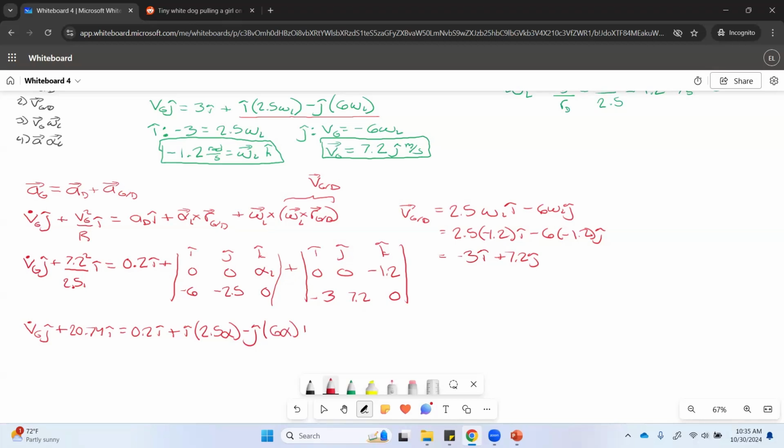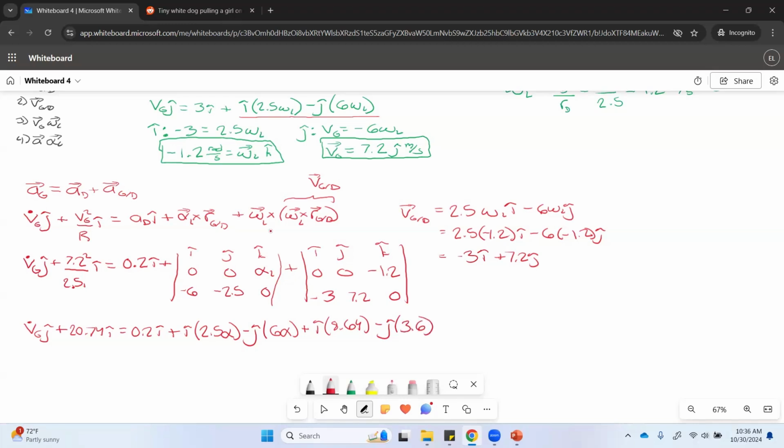And then here we'll have plus I hat times 0 minus 7.2 times negative 1.2. And so that comes out to be 8.64, and then minus j hat times 3.6.